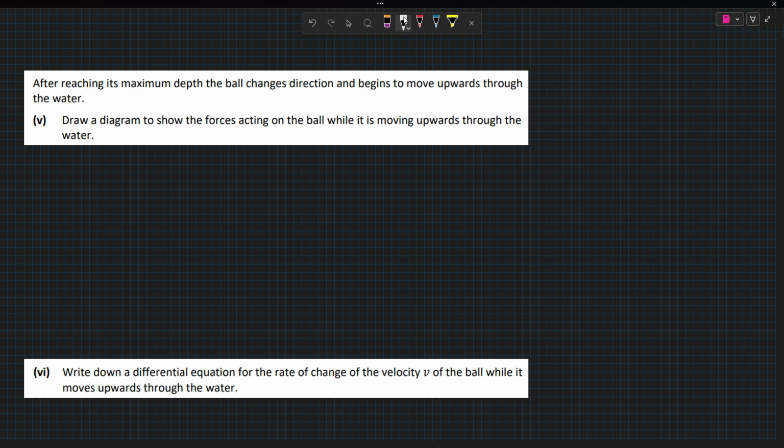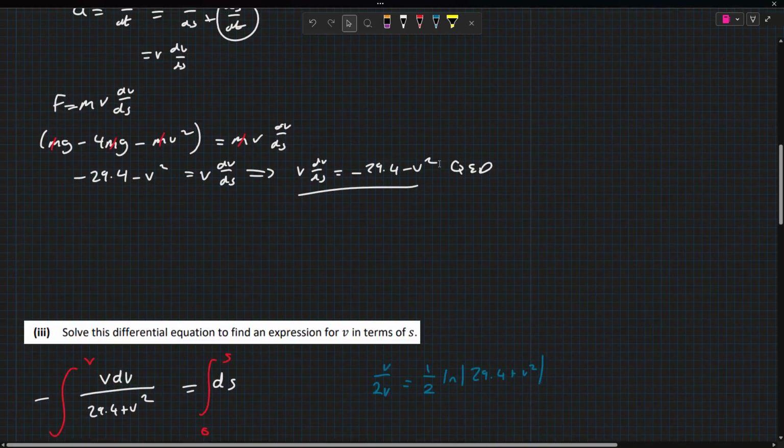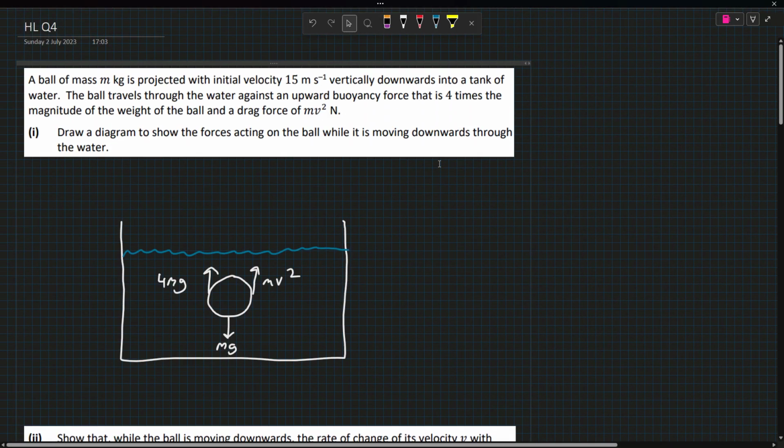After reaching its maximum depth, the ball changes direction. Draw a diagram to show the forces on the ball. Again, we're in this tank of water, and now the ball is traveling upwards. If you've done physics, you will know that the buoyancy force acts upwards.